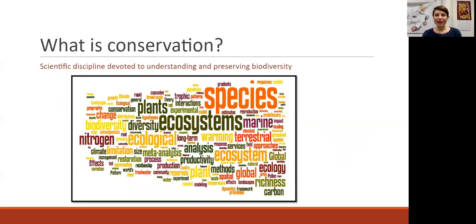All right, so what is conservation? This is a relatively new scientific discipline. So this is the one that is devoted to understanding and preserving biodiversity. And this can look like a lot of different things. So I have this just word map of terms related to conservation biology.